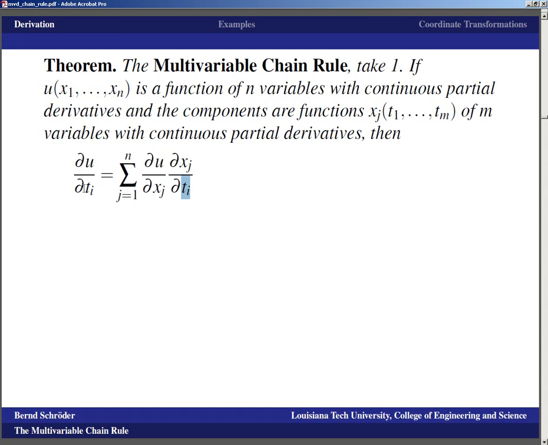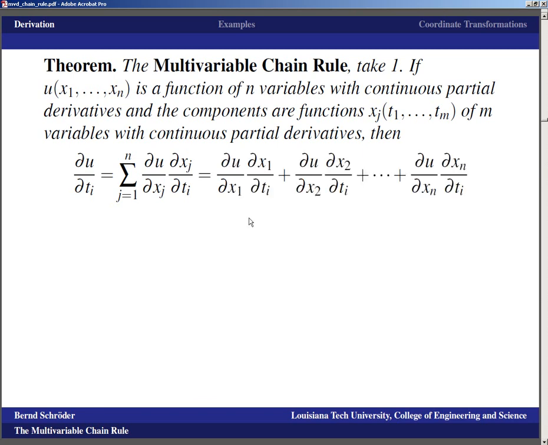So we keep the differentiation variable throughout, and basically it's like what you do in single variable calculus with Leibniz differentials, that you know that du dt is du dx dx dt. Well, here we have now multiple xj, and so you set up the same thing and you sum over everything.